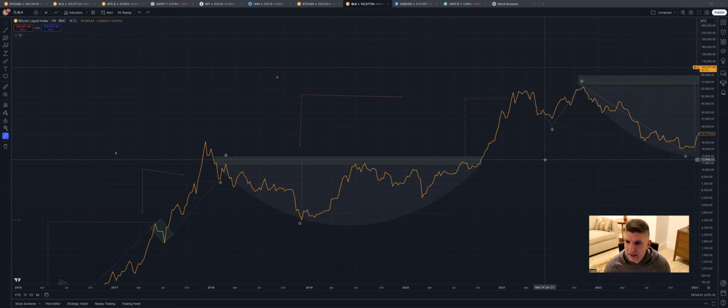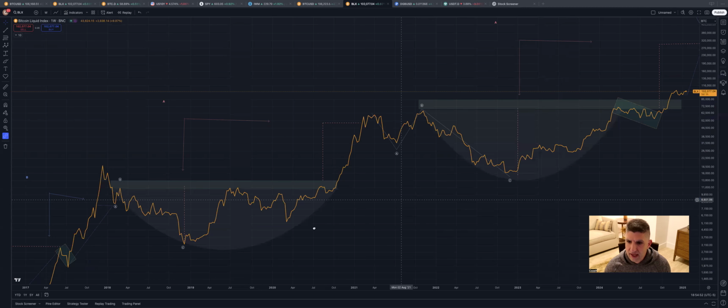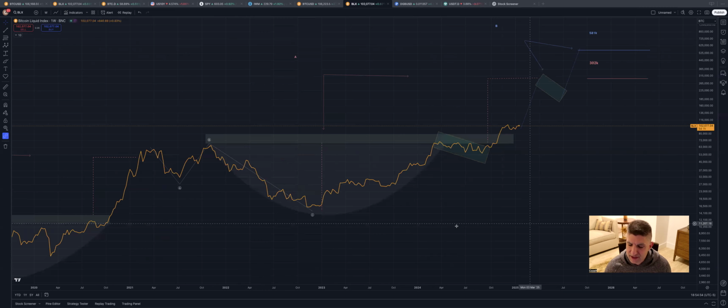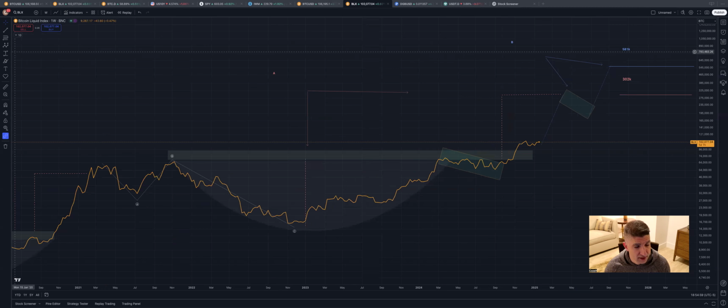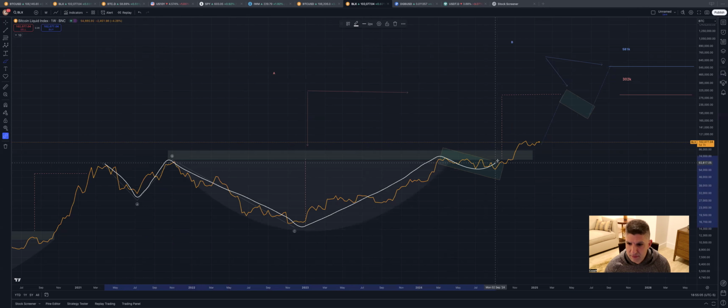Okay, now let's move to where we are today and do the same exercise and look at both scenarios. So scenario number 1, right, we had our A, B, C, we've reclaimed B, that's what we're doing now. And proportionate to the depth, the response here at a minimum should get us to this target.